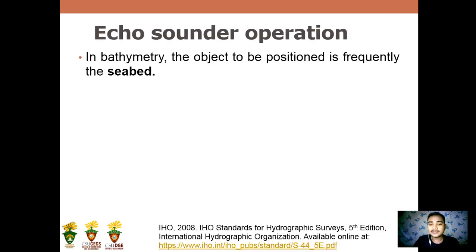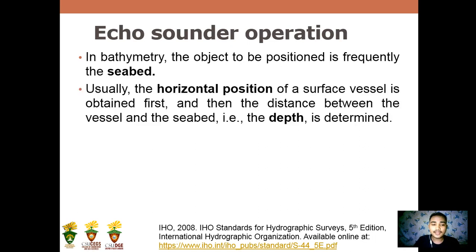In bathymetry, the object to be positioned is frequently the seabed. So when using echo sounders, of course, our target feature is the seabed. And usually, the horizontal position of the surface vessel is obtained first.